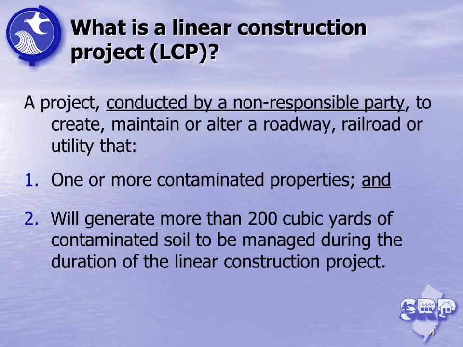It would be any of those projects that encounter at least one contaminated property and that will generate at least 200 cubic yards of contaminated soil that's going to be dug up. The people on the webinar cannot see that I'm making a digging motion here, but at least 200 cubic yards that will be dug up. So those are linear construction projects. These will be defined in the rules that are coming out in May.